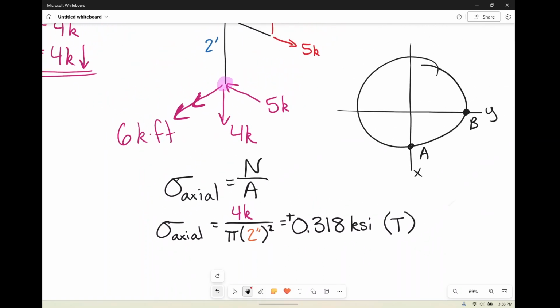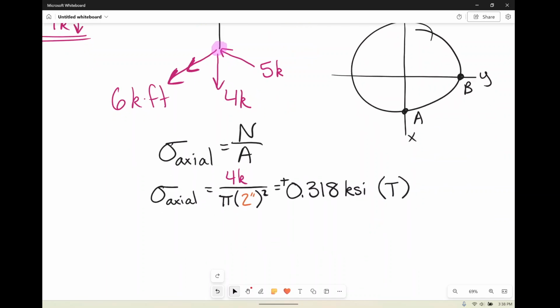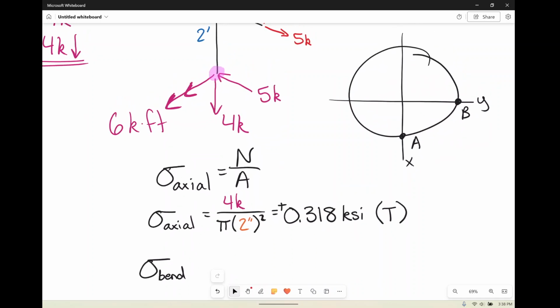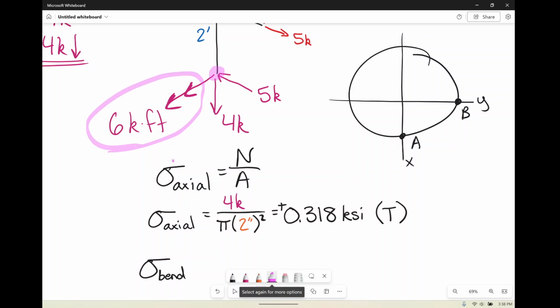Cool, and then the next question we have is there any bending? So remember, that's also a sigma, so we have bending. Is there any bending at all? Well, we have this moment x, right? So following right-hand rule, and we are going to be looking at the underside, so you got to keep twisting your hand around to see that technically he's going to be coming off the bottom of this face.